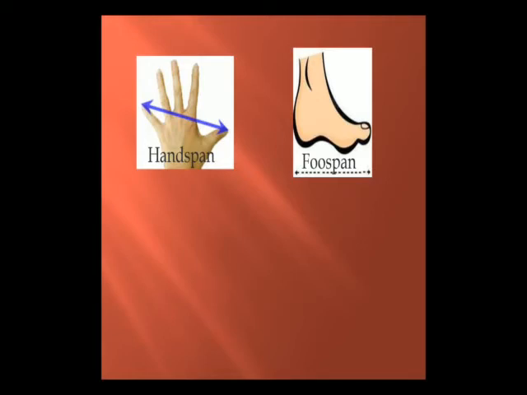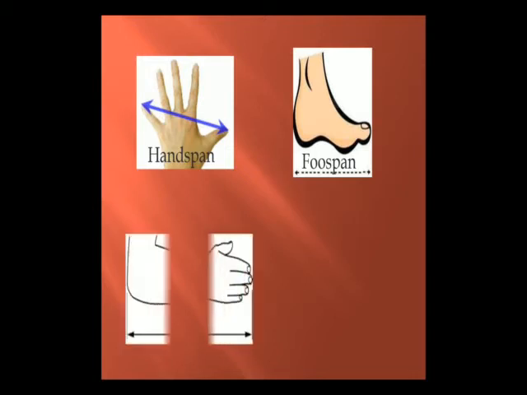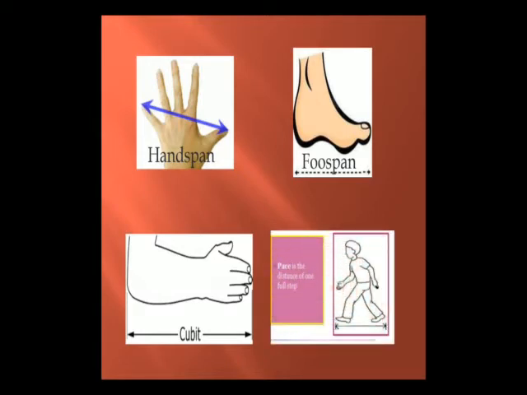Also, if the distance is somewhat longer, we can use the distance from the hand to our elbow. This is known as a cubit. And even if you have to measure the distance of your school corridor, then definitely you will use the pace.